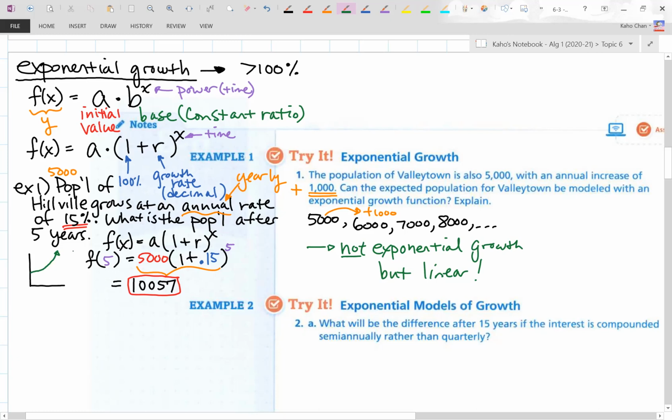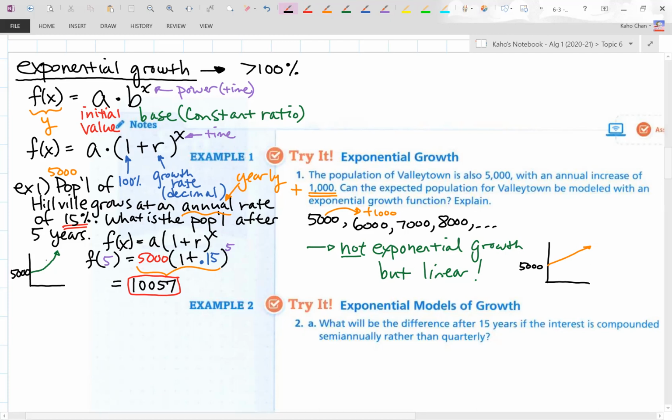Like that. Whereas the graph for a linear function looks like this. Okay. Makes sense? All right. Not too bad. Any questions about this?